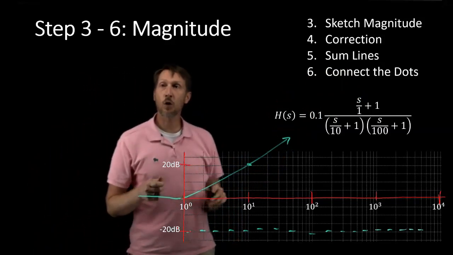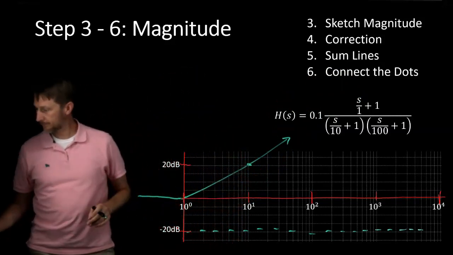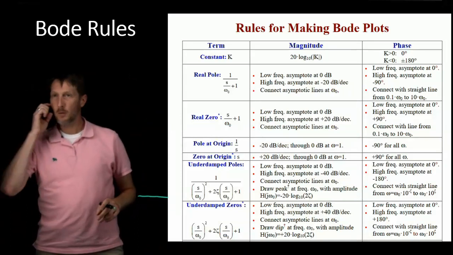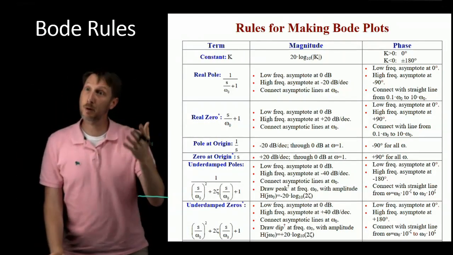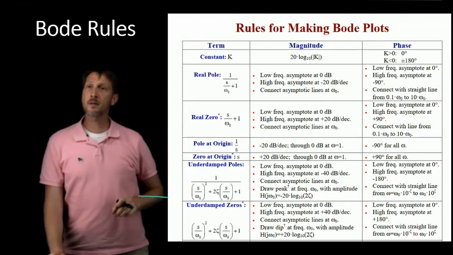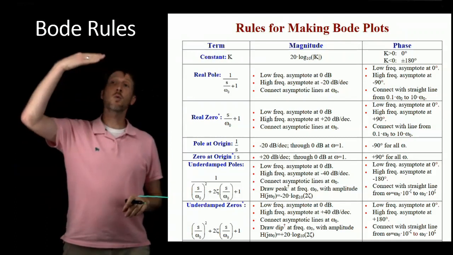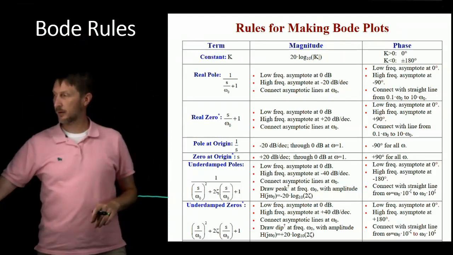Now let's go on to the first pole. The first pole is the same thing, except if we go and look at the rules, for the pole, the only thing that changes is instead of 20 dBs per decade, we're doing negative 20 dBs per decade.